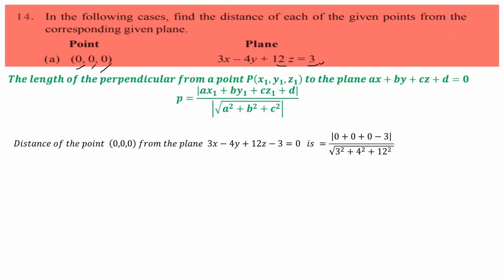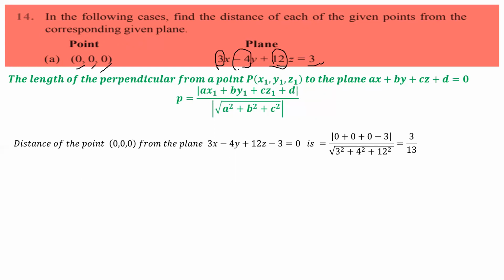So x1 into a is 0, b into y1 also 0, z1 is 0, so cz1 is also 0. So the remaining term is d, and d is equal to minus 3, and taking modulus it will be 3. So under root 3 square plus minus 4 square plus 12 square.